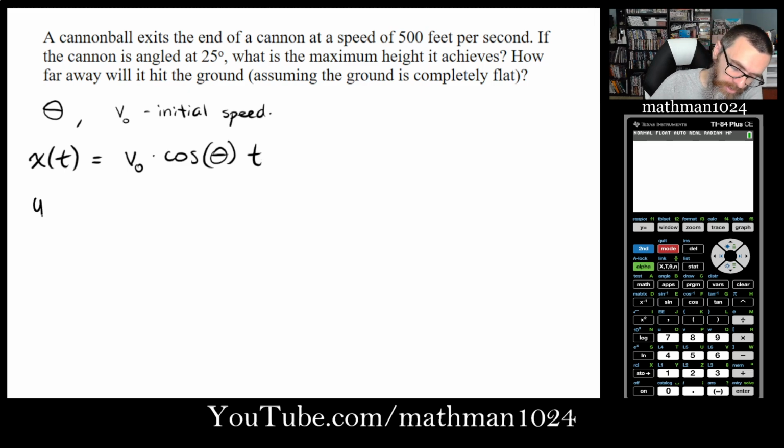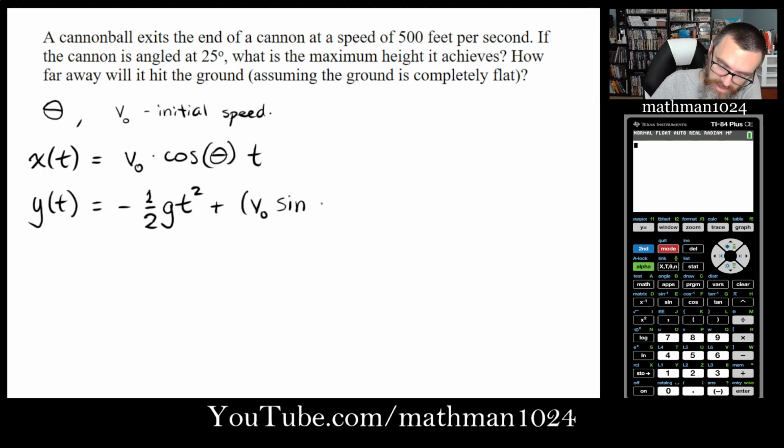And then our equation for y is going to be negative 1/2 g t squared plus the initial velocity times sine of theta times t plus h.